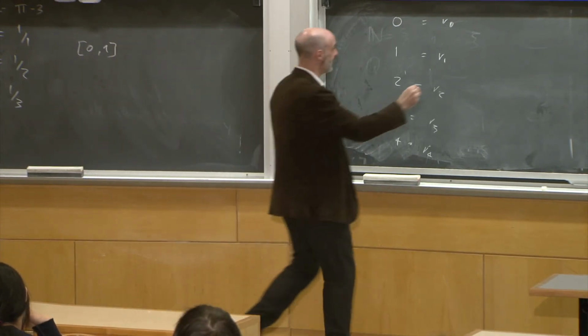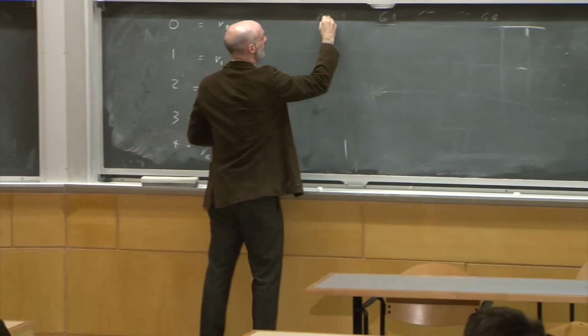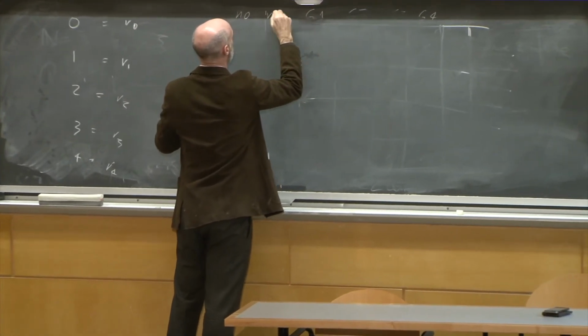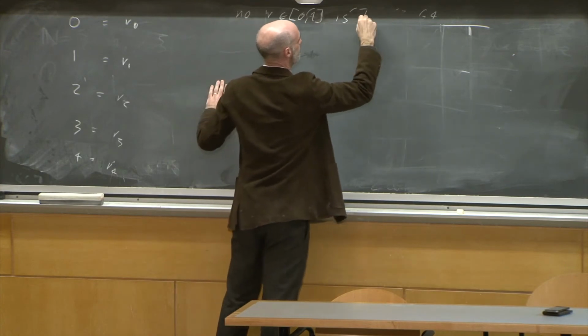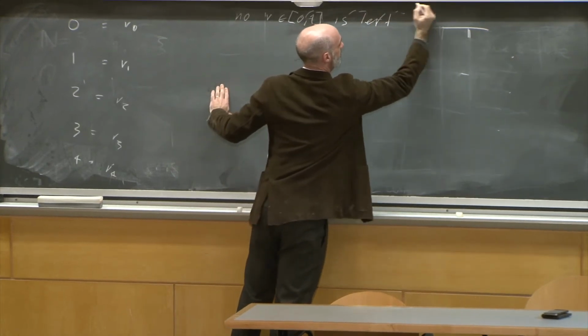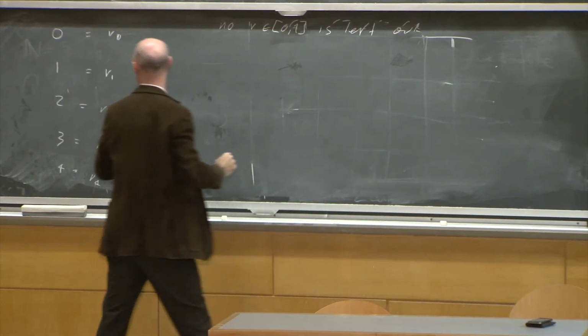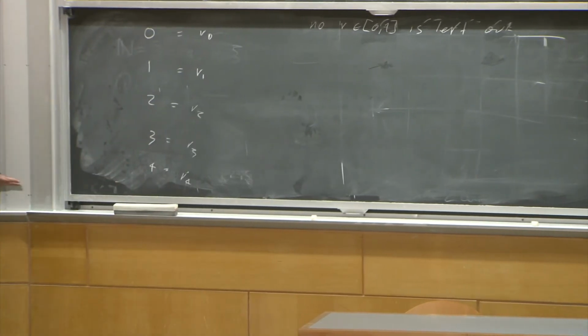So we have our list, and no r in the interval is left out. OK, and now we're going to prove our contradiction.